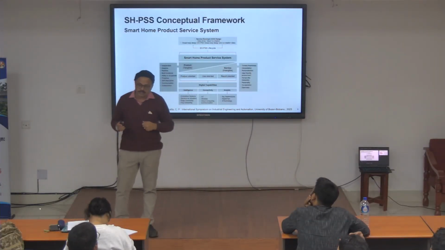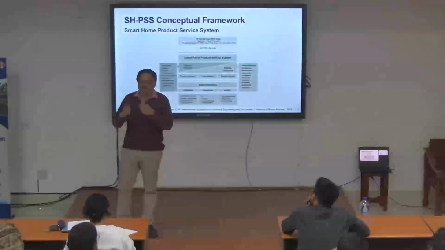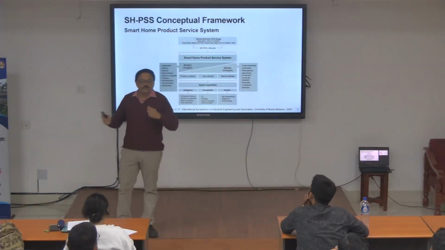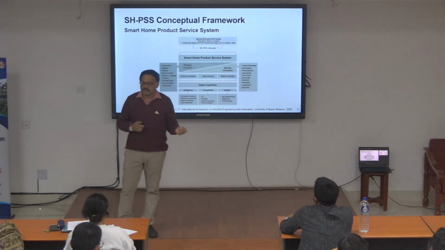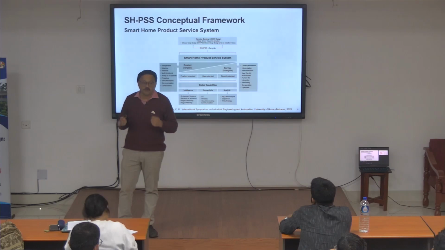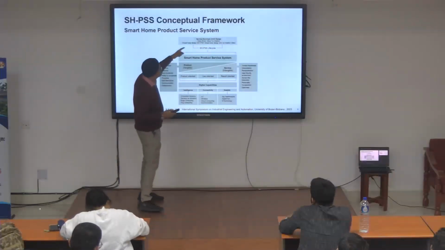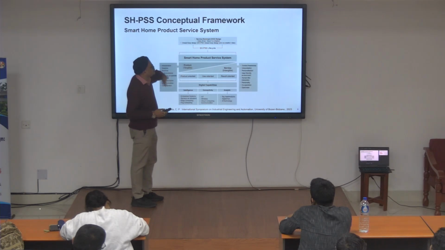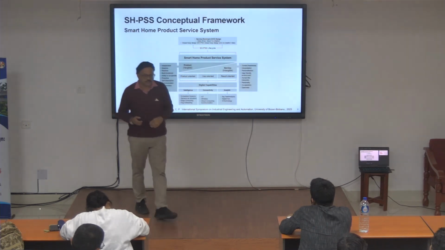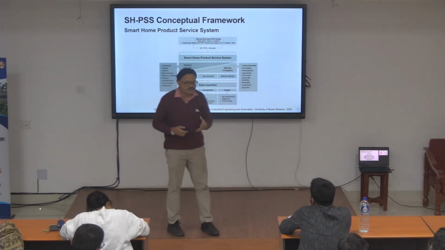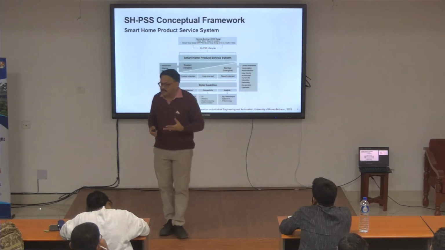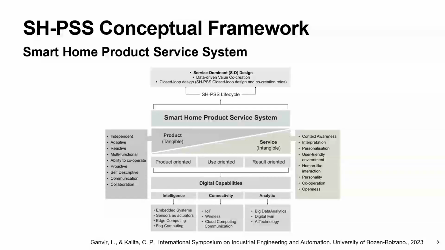Here we have taken a position; you need to take a position on who is dominating in this particular PSS, right. In this particular case, we identified that it has to be more of service domination. And the closed loop design, the SSPSS closed loop design and co-creation rules. It has to be so intelligent that it can co-create, right.